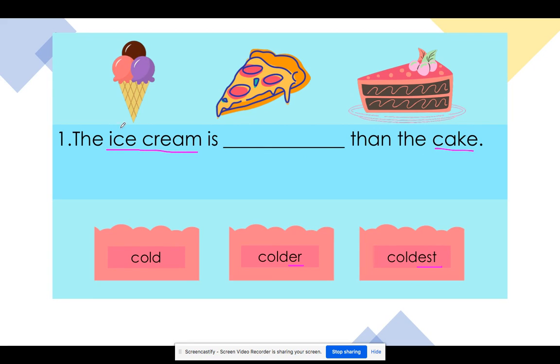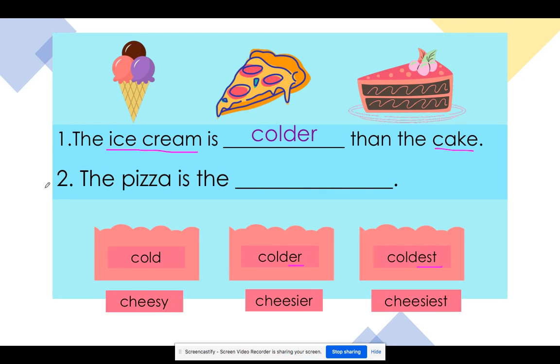Is it going to be the ice cream is cold than the cake, the ice cream is colder than the cake, or the ice cream is coldest than the cake? I'm only comparing two things here, so I'm going to need to add er. Shout out the answer. The ice cream is colder than the cake.